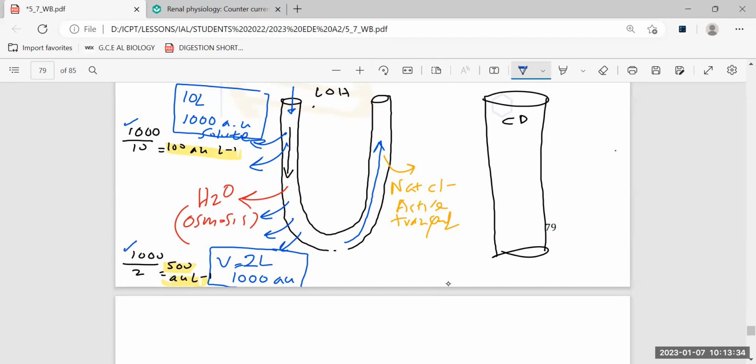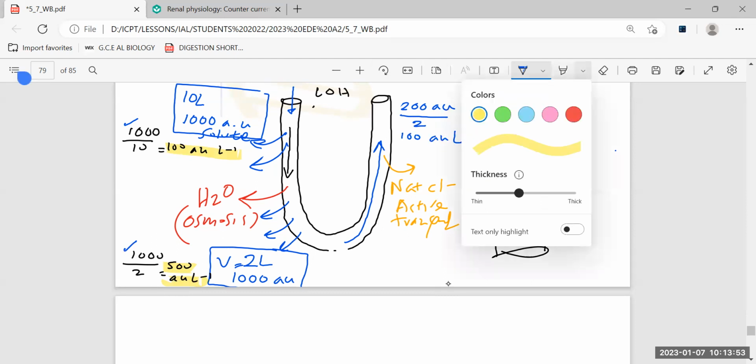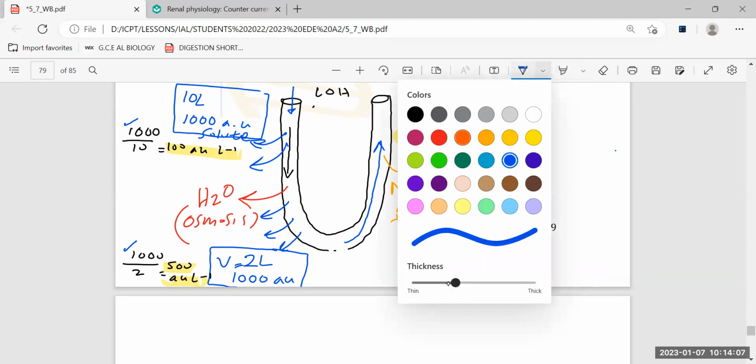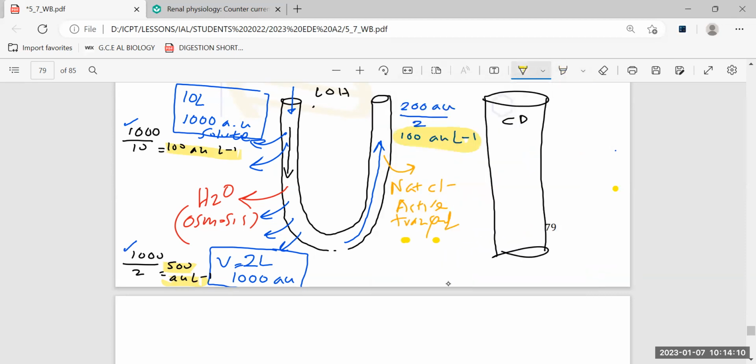Now when it comes at this point, it may be 200 arbitrary units. Solute is now 200. The volume is 2 liters. Then again it becomes 100 arbitrary units per liter, right? So it's again become 100 now. So what happened? Excess solute accumulates in this medullary or interstitial space.